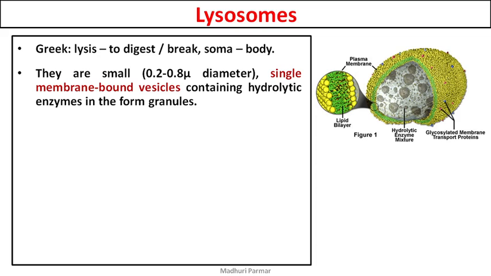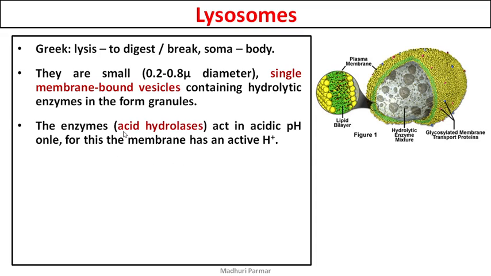We will study later, in biomolecules, that when you have to break any polysaccharide or polypeptide or any polymer, to break the bonds you need to add one molecule of water. Then you can break it into its monomers or components. So such enzymes are called hydrolytic enzymes, and they are present in the form of such granules.